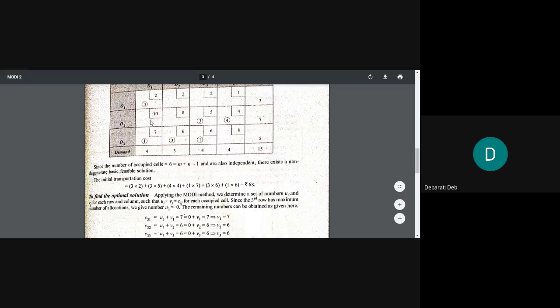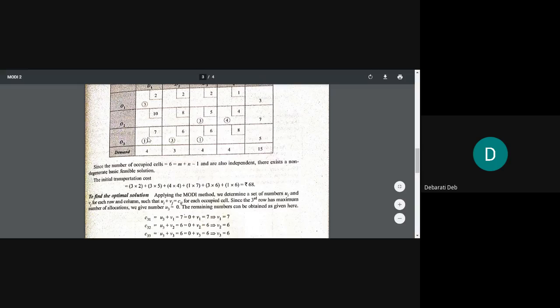So we start with this cell, that's why we write C31 equals U3 plus V1. U3 means the number in the third row, and V is the notation for columns, so V1 because this cell is in the first column. C31 means the cost, that is 7.